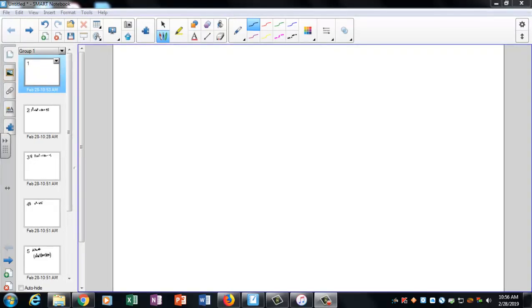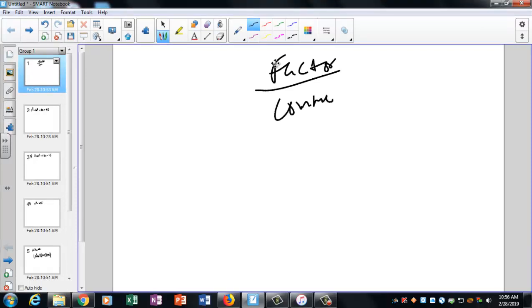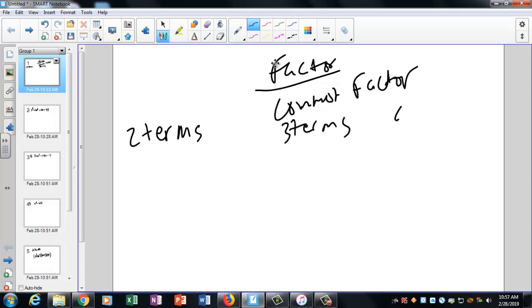All right. In order to factor, the first thing you have to do is take out a common factor. If there are any problems that have a common factor, that's number one. You're always going to look for a common factor. After that, the next thing you're going to do is count the terms. Does it have 2 terms, 3 terms, or 4 terms?